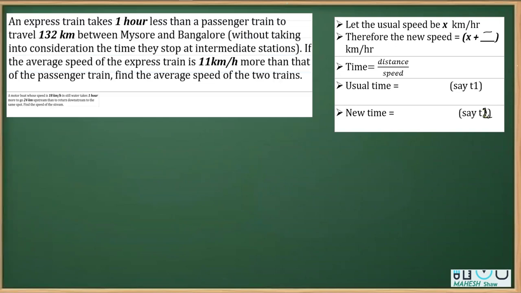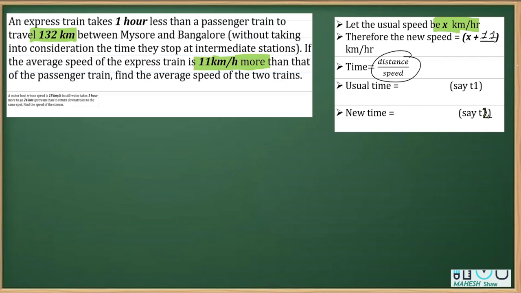Now, in this question, like the previous two questions, we have the fixed distance as 132. We'll consider the usual speed to be x, and the new speed is 11 kilometers more. So the new speed will be x plus 11.